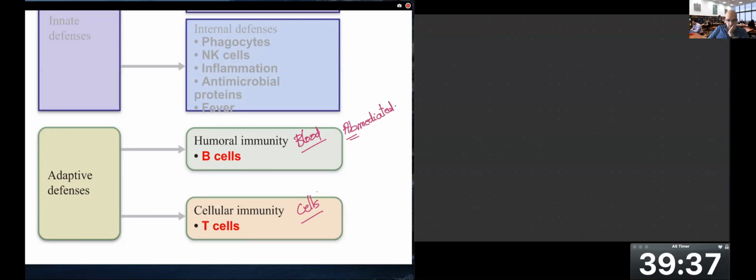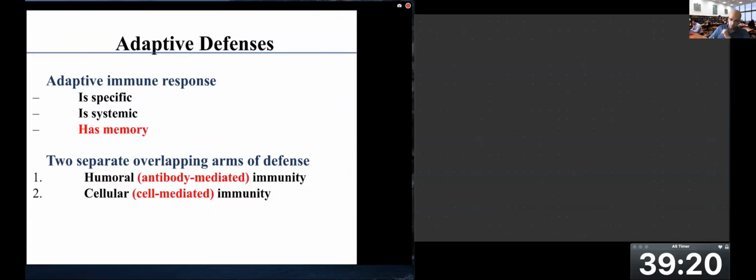In cellular immunity, I have cells which are mediating the reaction. All right. Questions? All right, so let's have a look here at the adaptive defenses.